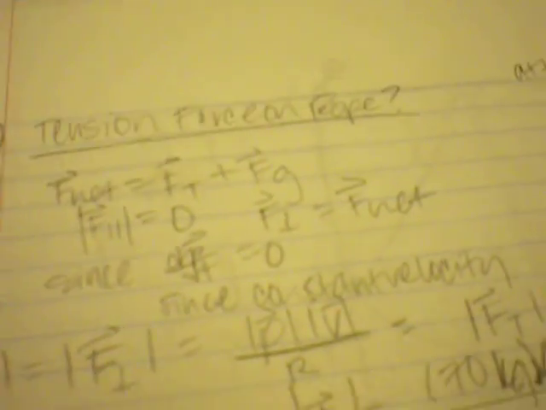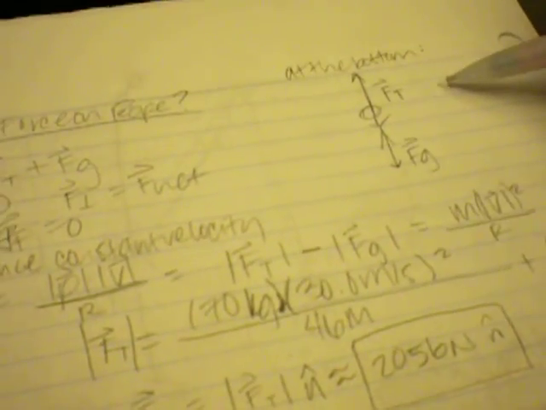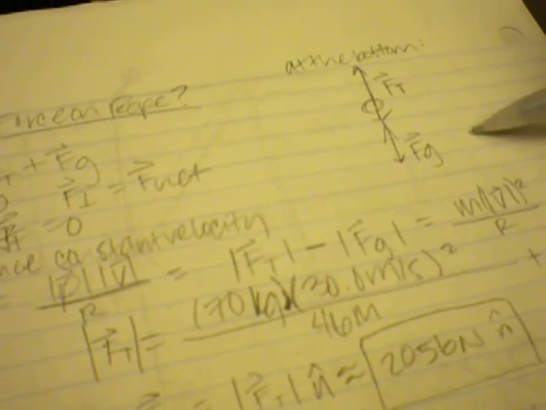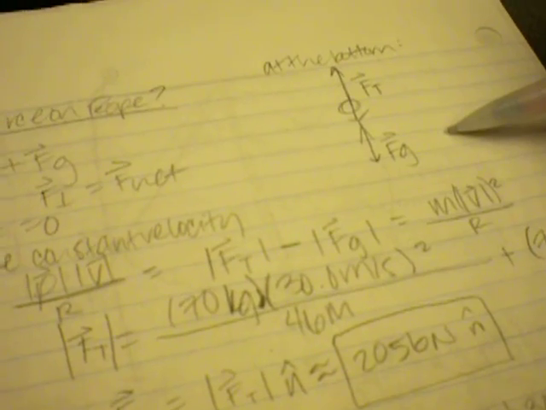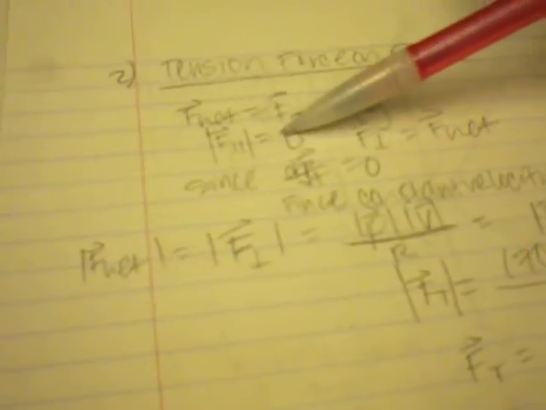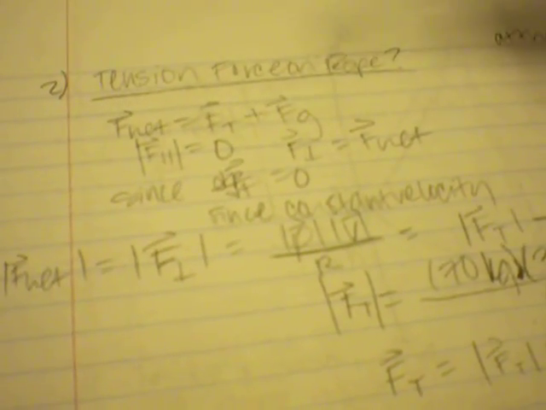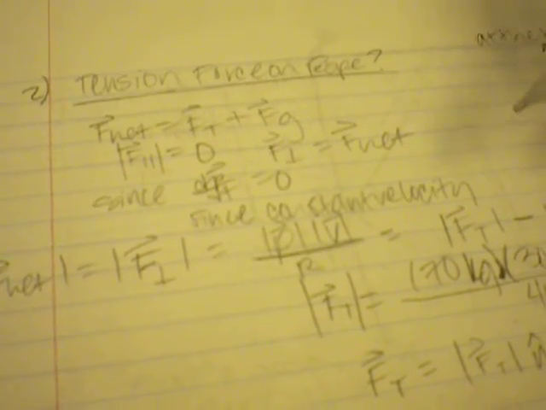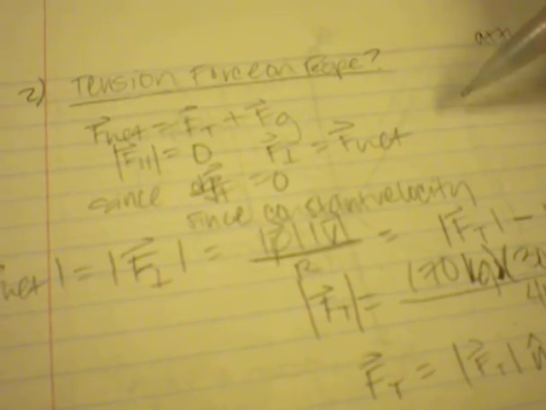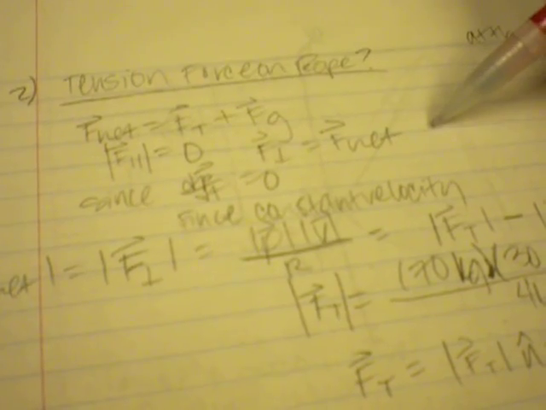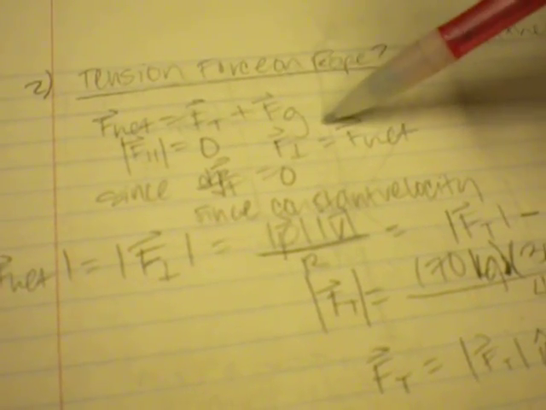And then for problem 2, we have to find the tension force on the rope. And we know at the bottom that the only two forces acting on the person are the tension force and the gravitational force. And we also know that F net parallel is equal to 0 because the person is moving at approximately a constant velocity during the trajectory, and we know that F net is equal to F perpendicular.